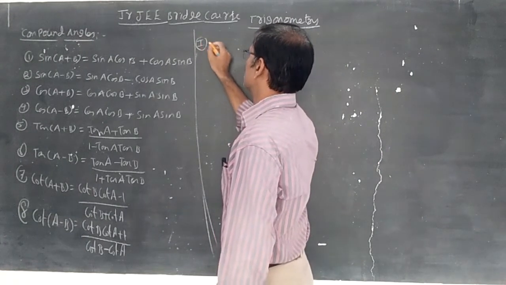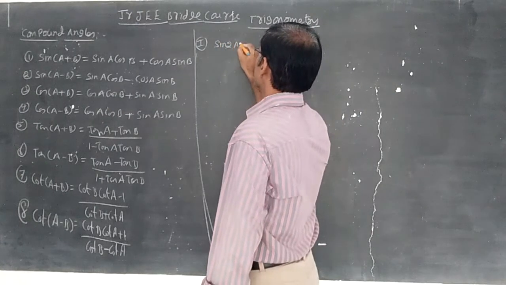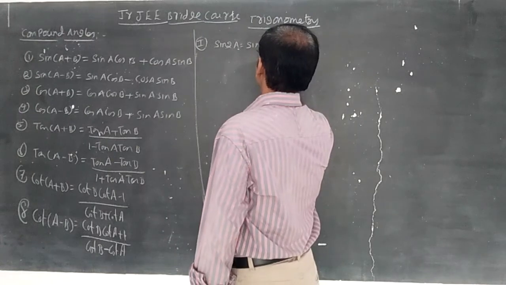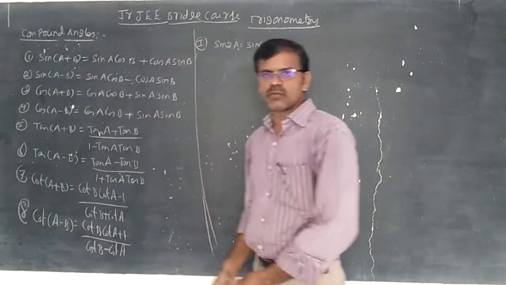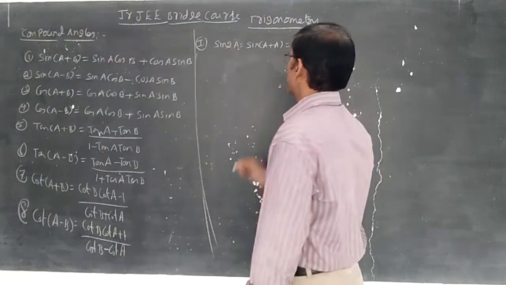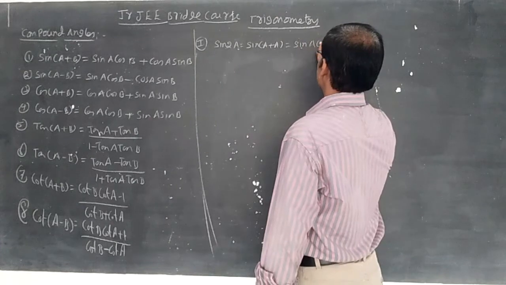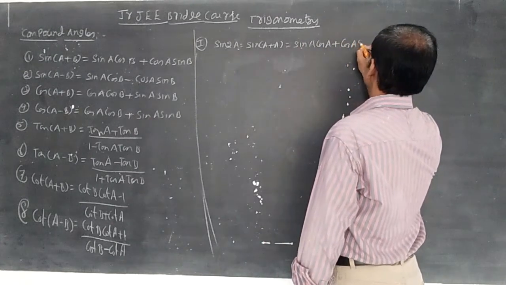Roman number 1, sin 2a. I am writing here sin 2a, you can write as sin of a plus a. Using the formula sin of a plus b equals sin a cos b plus cos a sin b, we can write sin a cos a plus cos a sin a.